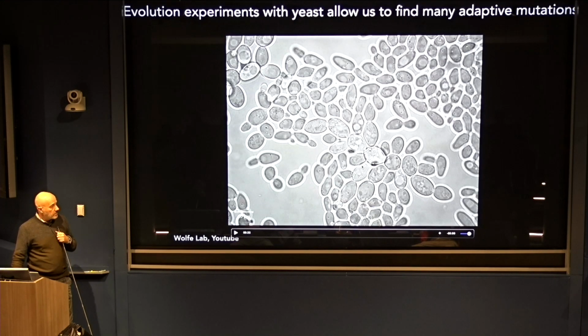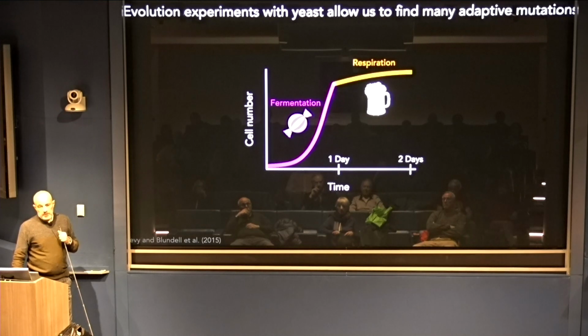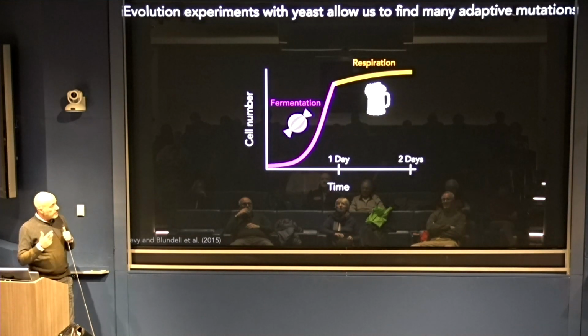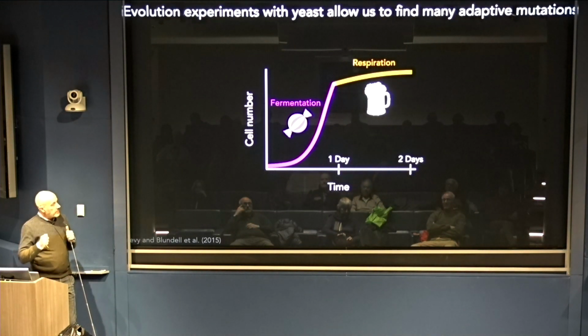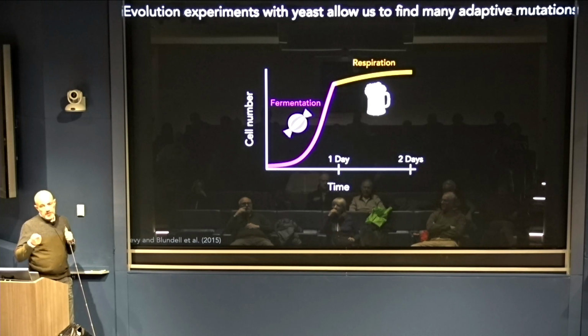So I'll tell you today about one experiment, or maybe a couple of experiments, but we're going to use the same setup. We're going to be studying yeast growing in a 2-day cycle in a media that's limited by sugar.